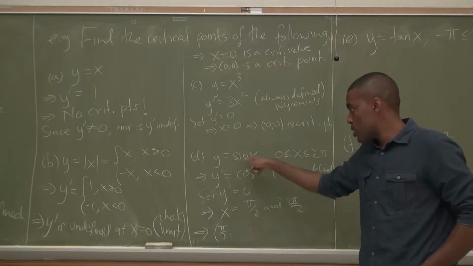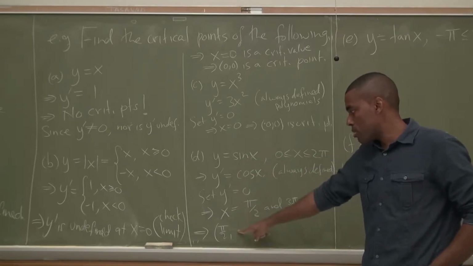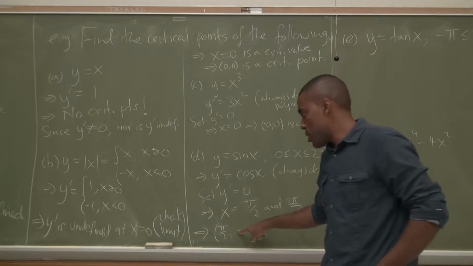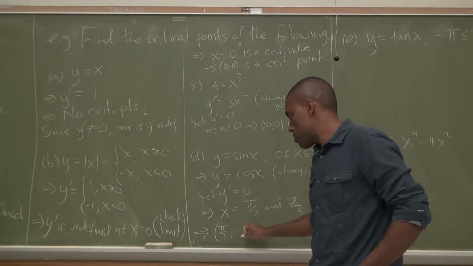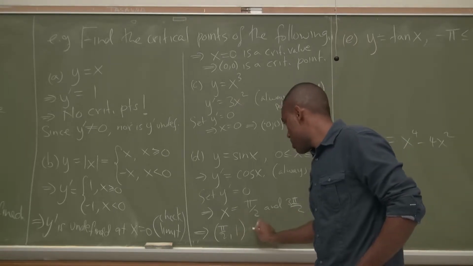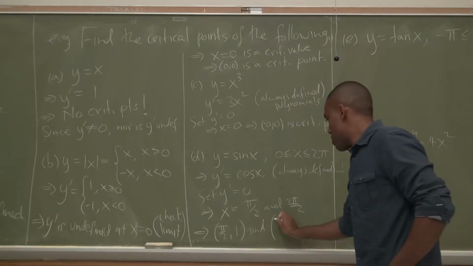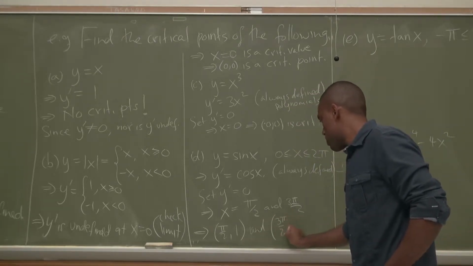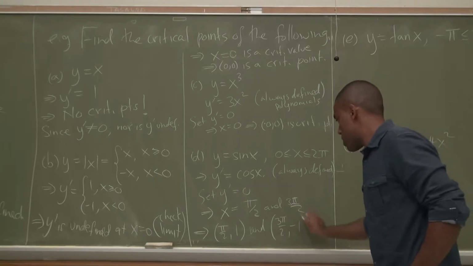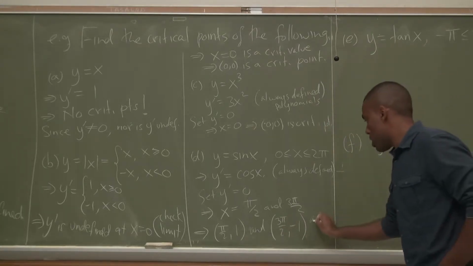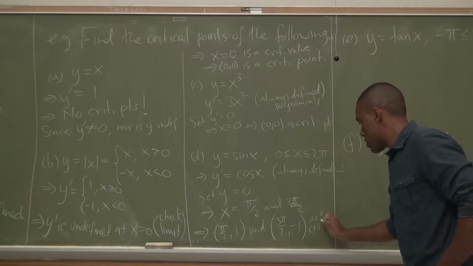So when x is pi over 2 in the original, what is the output? Sine of pi over 2 is 1. And sine of 3 pi over 2 is what? Negative 1. These are the critical points.